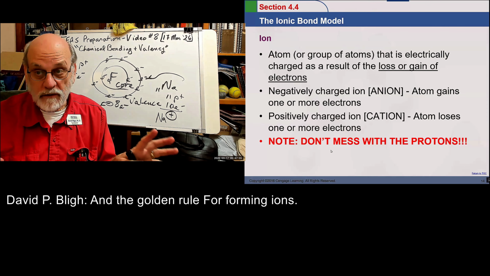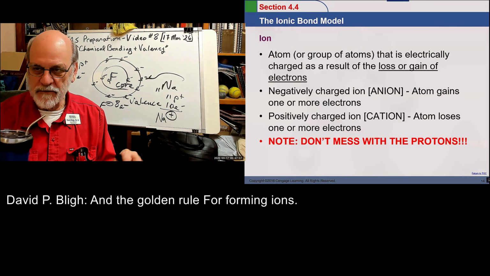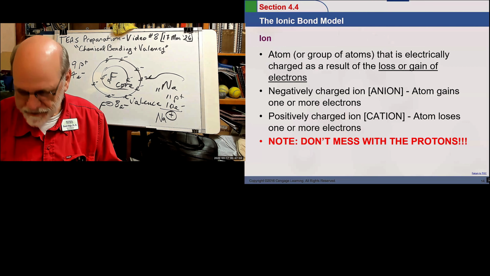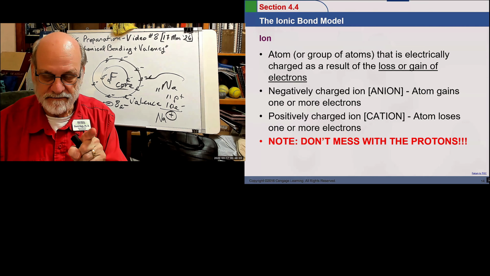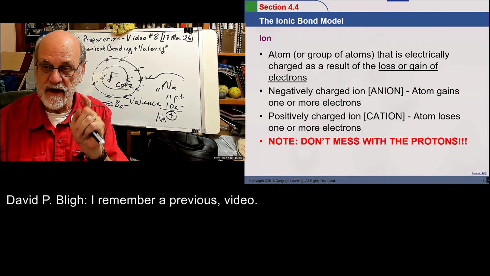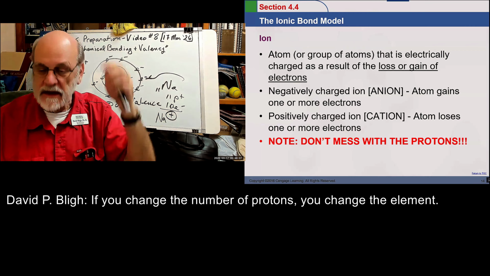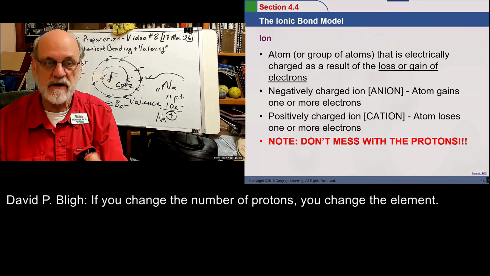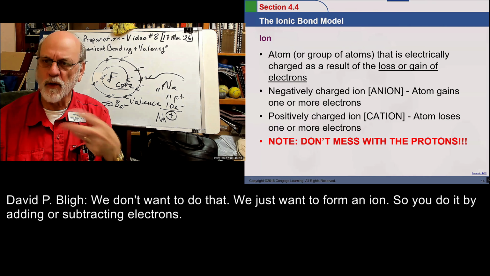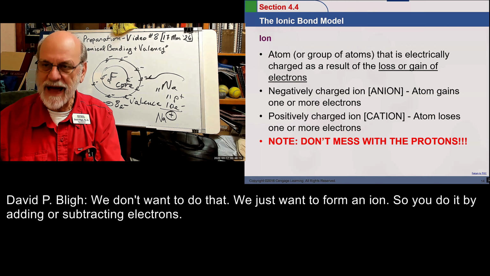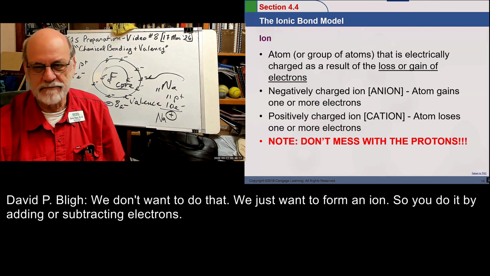And the golden rule for forming ions is do not touch the protons. Right? Remember previous video. If you change the number of protons, you change the element. We don't want to do that. We just want to form an ion. So you do it by adding or subtracting electrons.